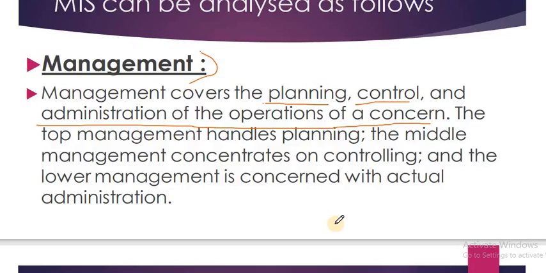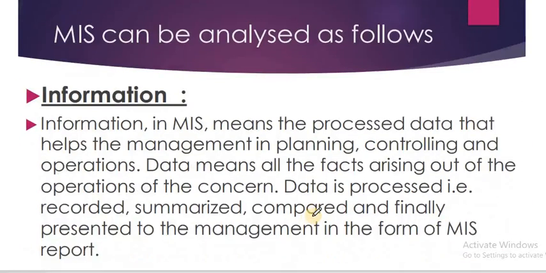That is the hierarchy in the management. But when you talk about management, it covers the planning, the control, and the administration of a certain operation. So when we say management information system, we are referring to management in terms of planning, control, and administration of a certain operation of a concern.